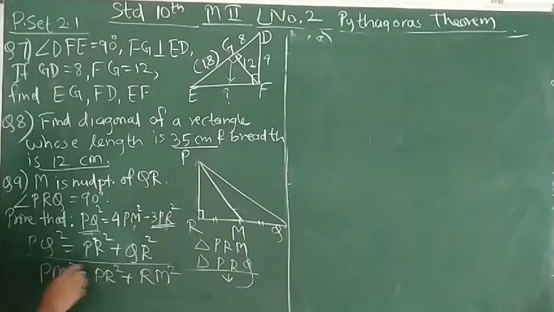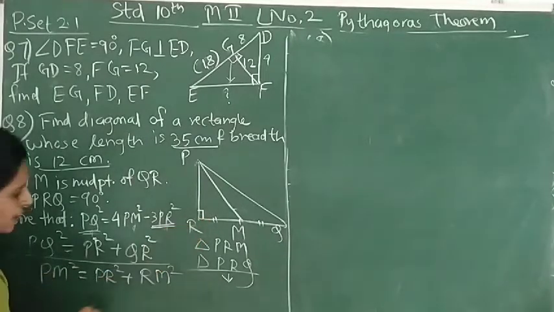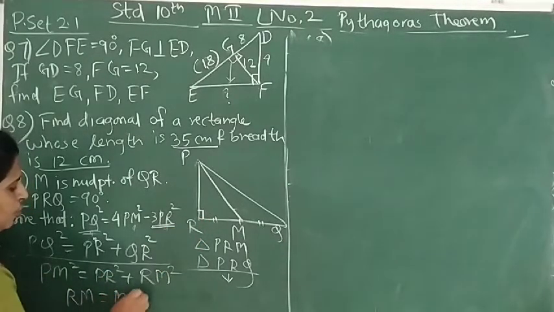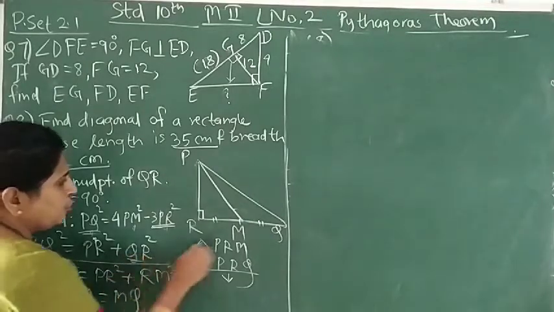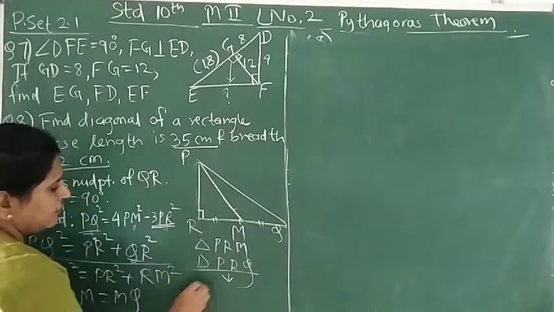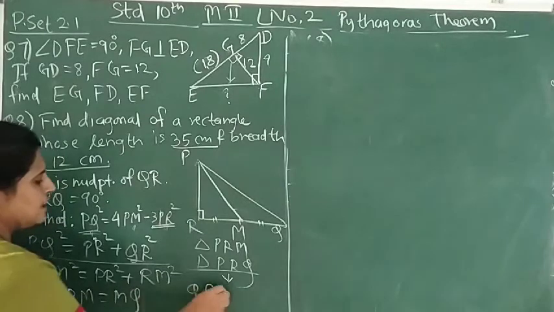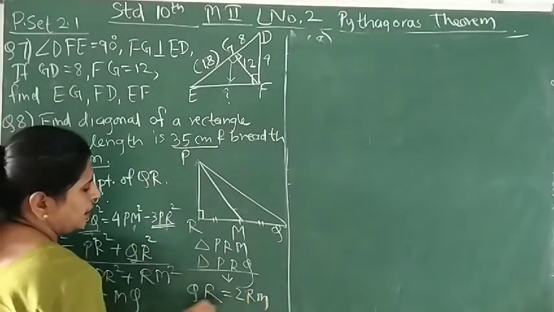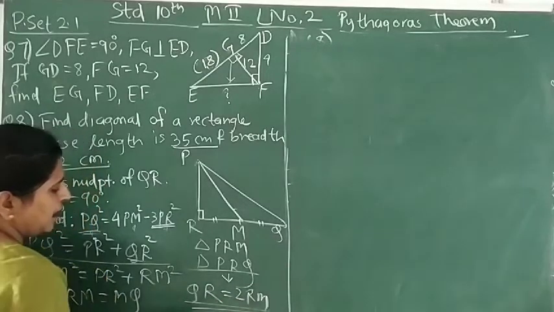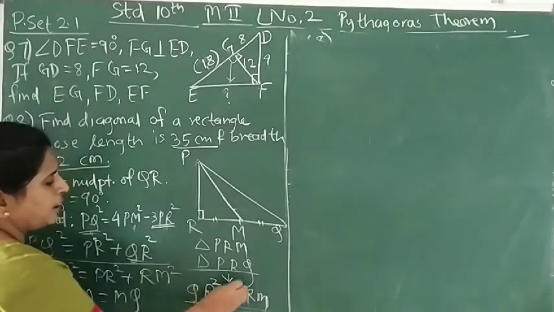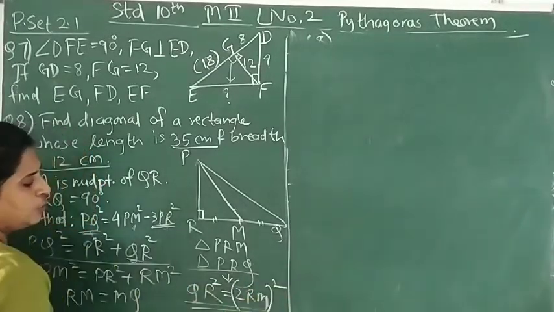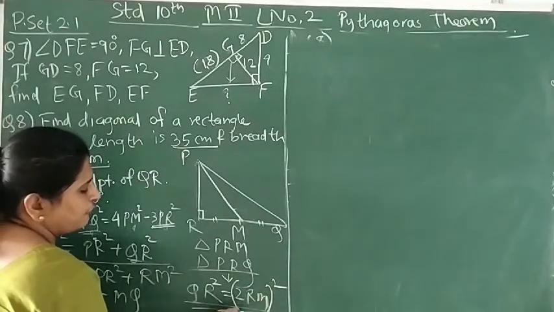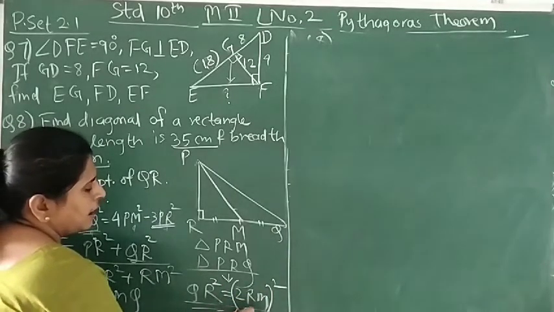So these two things we have got, and one more thing we have: RM is equal to MQ, since it is the midpoint. So QR is 2 times RM. And if you want QR square, it will be the square of this, 2 times RM squared, which gives 4 RM square.